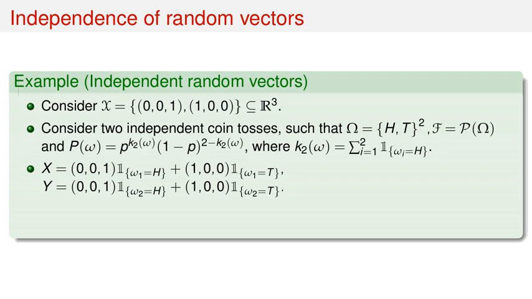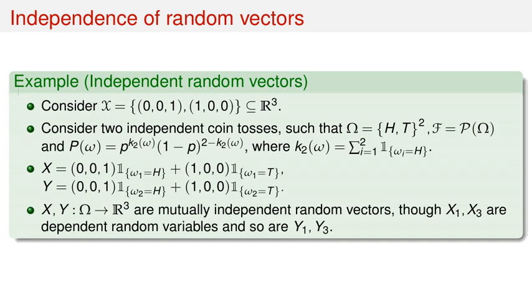Let X be the vector (0,0,1) times the indicator that omega_1 equals H, plus the vector (1,0,0) times the indicator that omega_1 equals T. Let Y be the vector (0,0,1) times the indicator that omega_2 equals H, plus the vector (1,0,0) times the indicator that omega_2 equals T. Here X and Y, mapping from Omega to R cubed, are mutually independent random vectors because X depends only on the first toss and Y only on the second, and the tosses are independent.